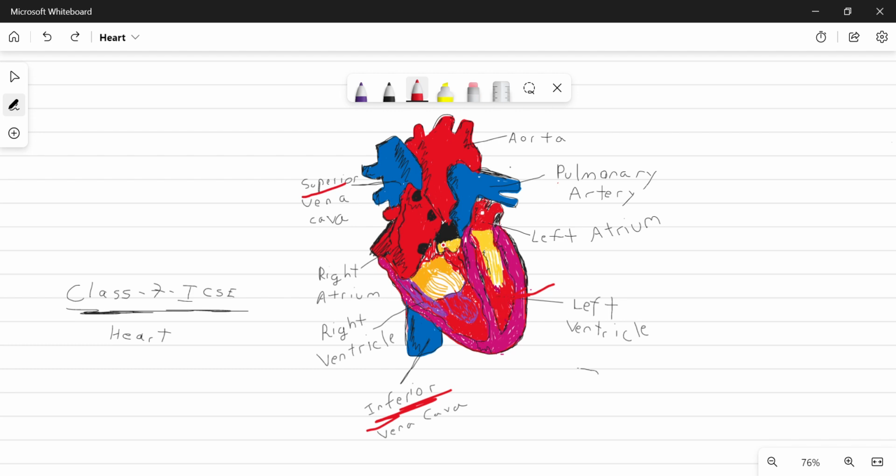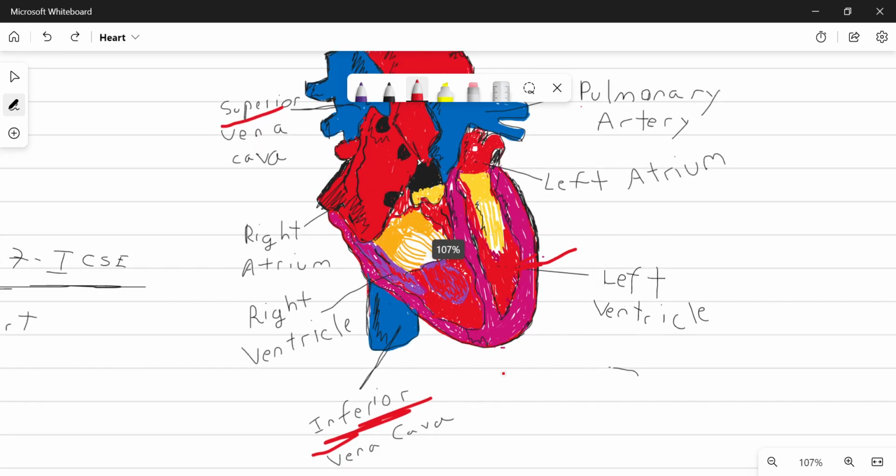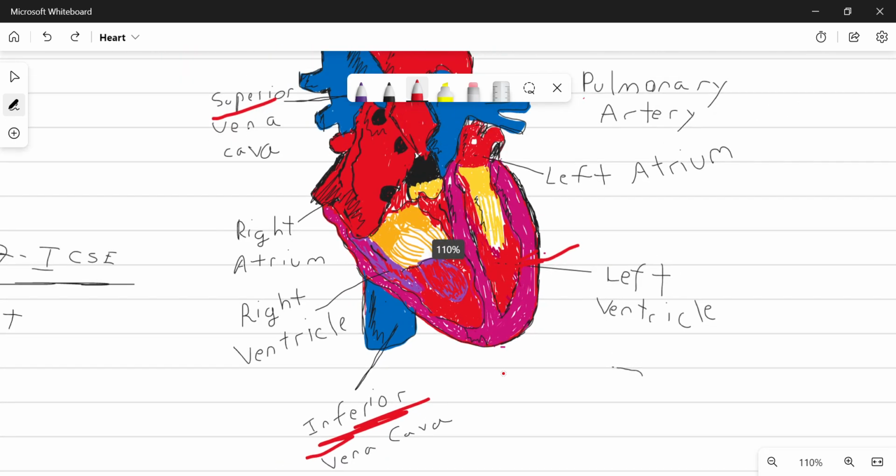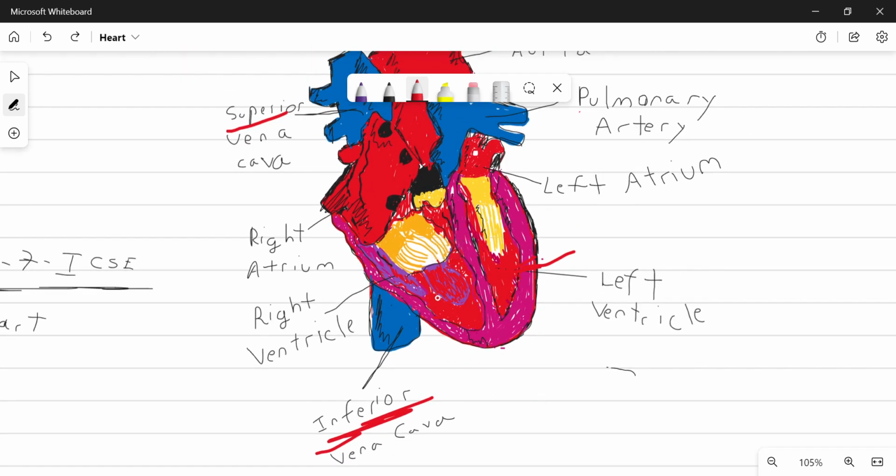Both have some kind of thing with strings coming out, so this is also how you can identify them. So this is the right atrium, this is the right ventricle, and this is the left ventricle.